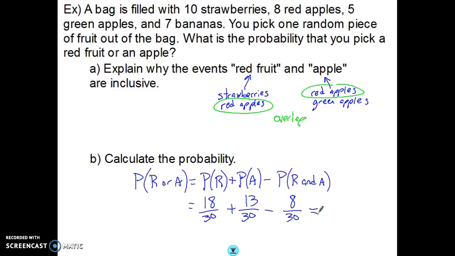If we finish doing this calculation, 18 plus 13 is 31, minus 8 is 23 out of 30. So our probability of getting a fruit that is red or an apple is 23 out of 30.